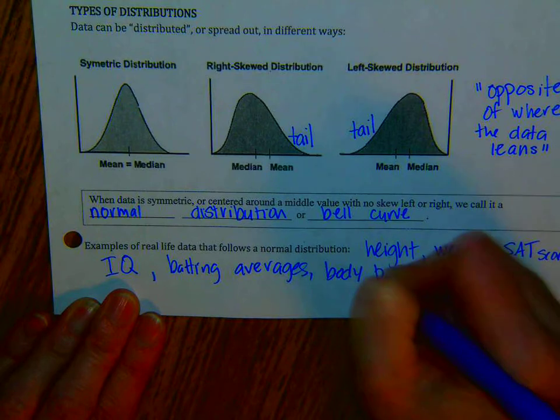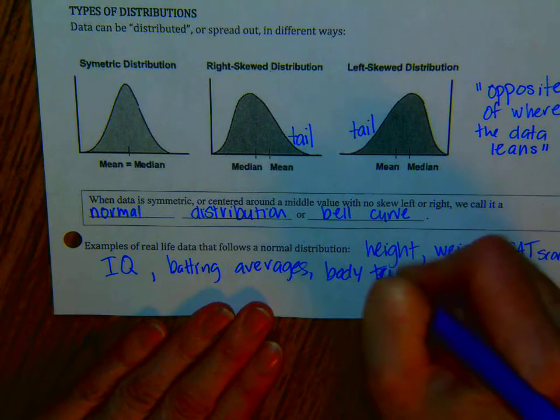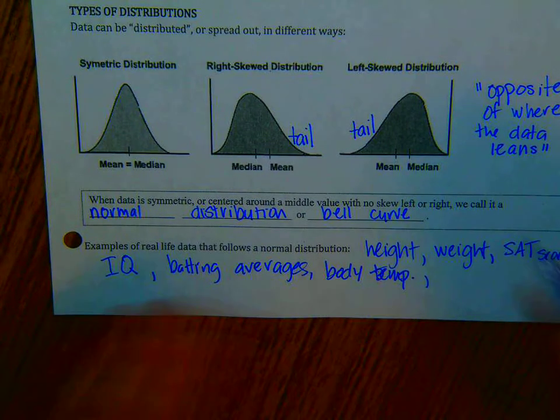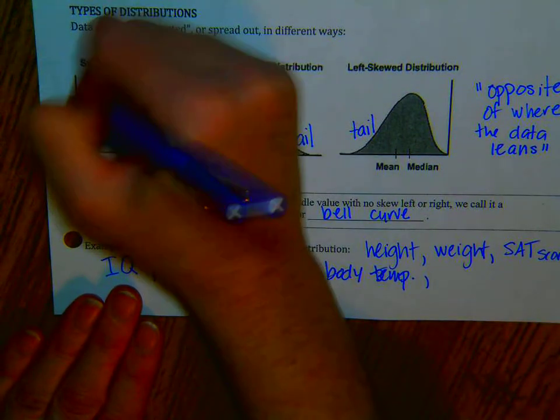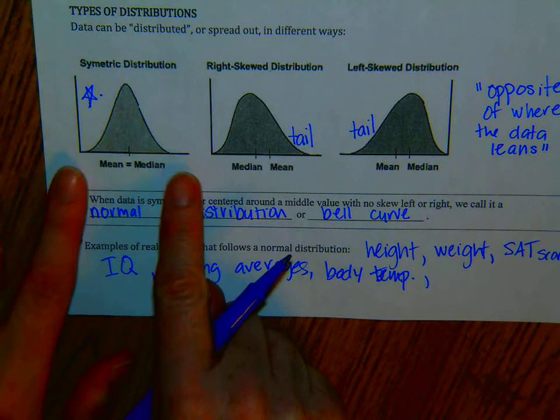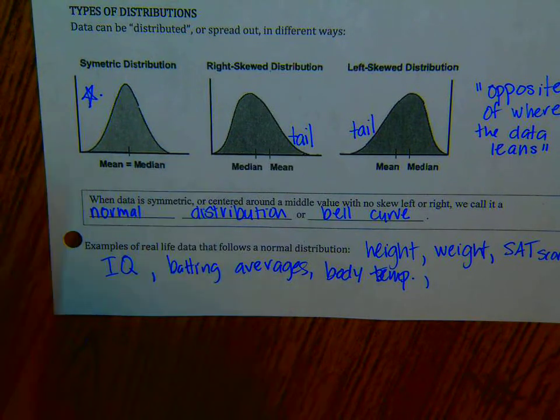Okay, many more examples. So know that. Let's put a star by this example. That is what we're going to be talking about for the rest of the unit, normal distributions. Okay? All right. There we go.